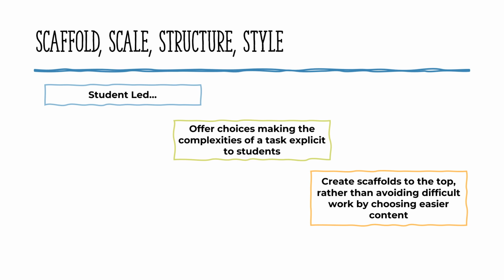The thing with this as a model, the four S's themselves, they're unlikely to perfectly match every single task, every single activity that you have in your scheme of work or in your curriculum.